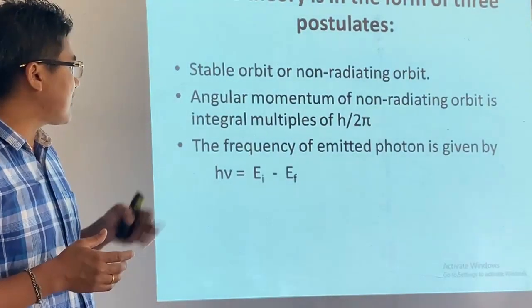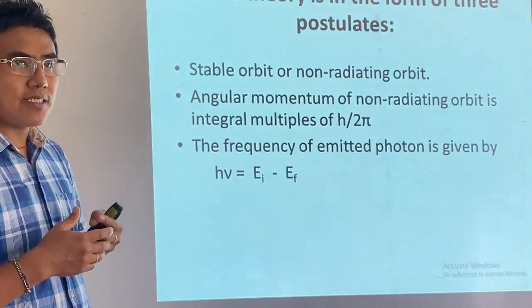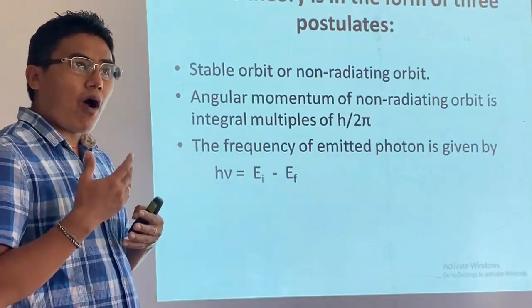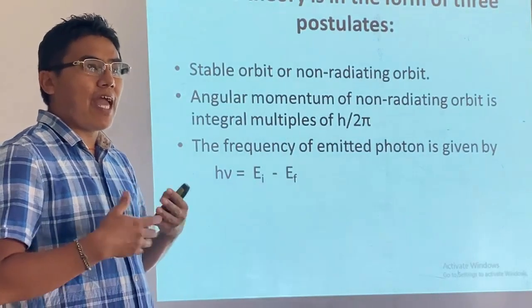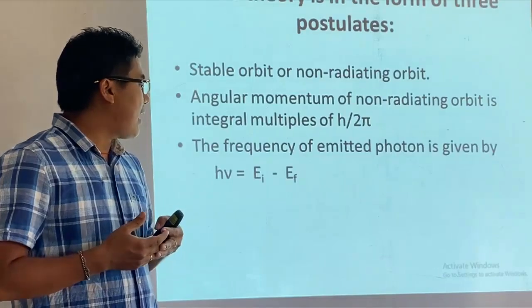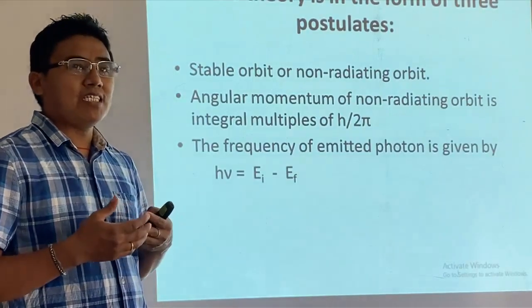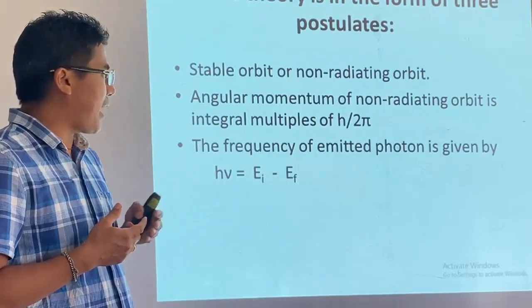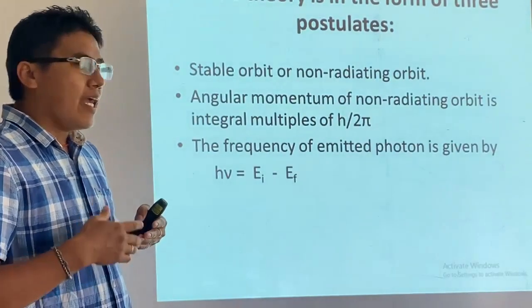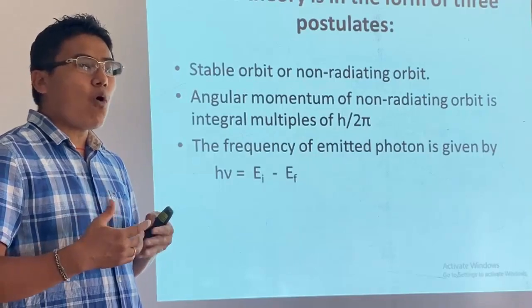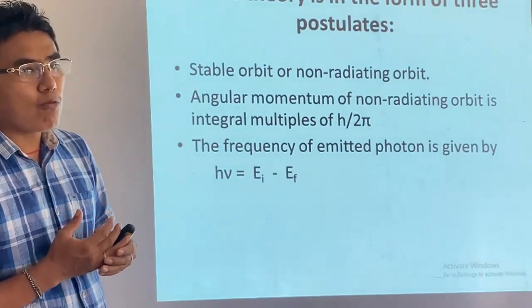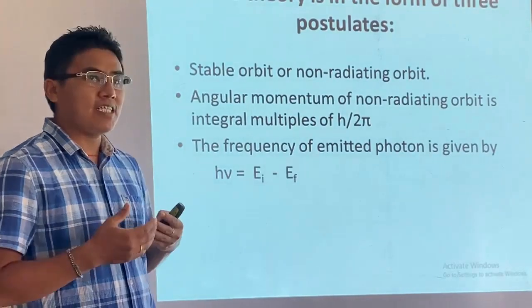He says that this is a very puzzling postulate. That particular orbit should have an angular momentum that is an integral multiple of h by 2 pi, where h is the Planck constant. So the electron can take only those orbits where the angular momentum is an integral multiple of h by 2 pi.